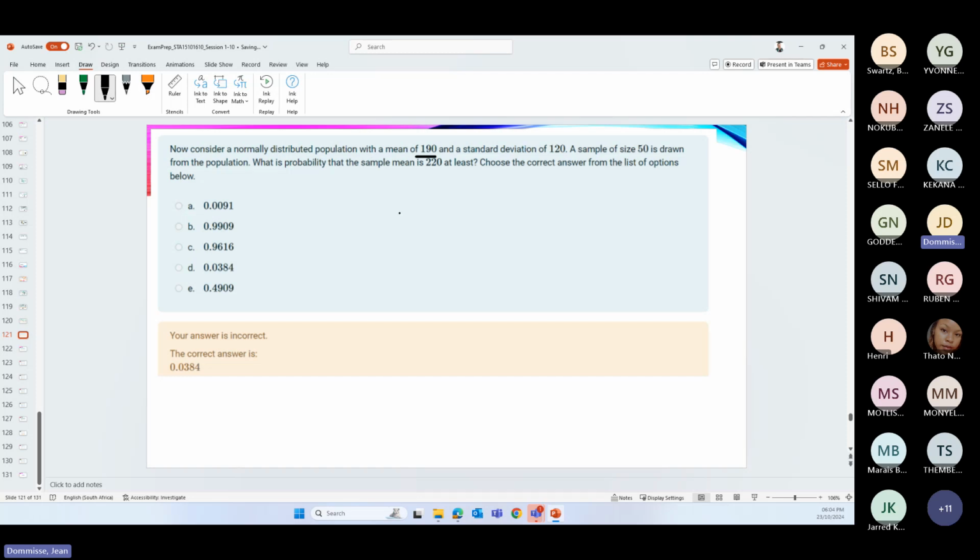So the mean is 190, the standard deviation is 120, the sample size n is 50. What is the probability that the sample mean is 220 at least?